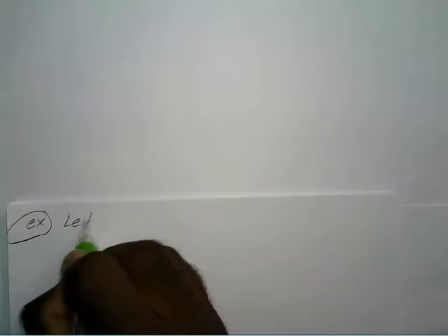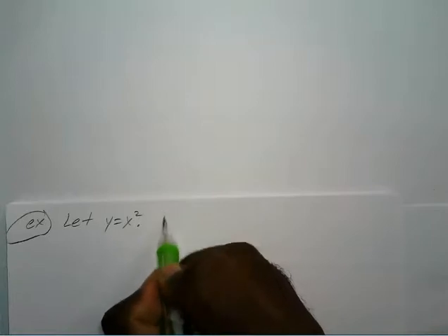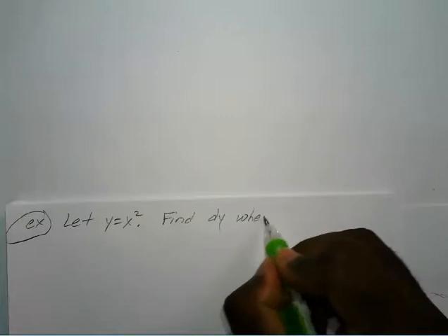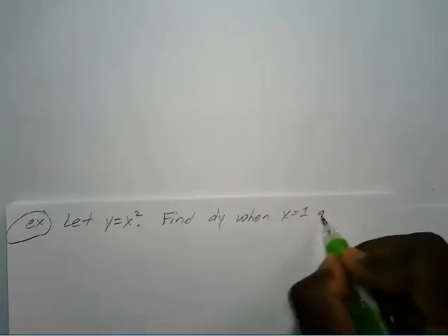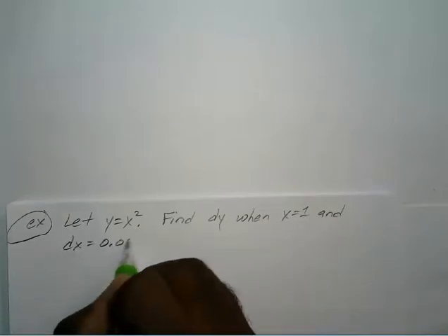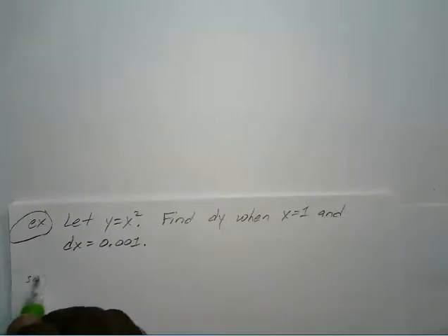All right, so for example, what if we let y equals x squared? We want to find dy when x equals 1 and your change in x is equal to 0.01.